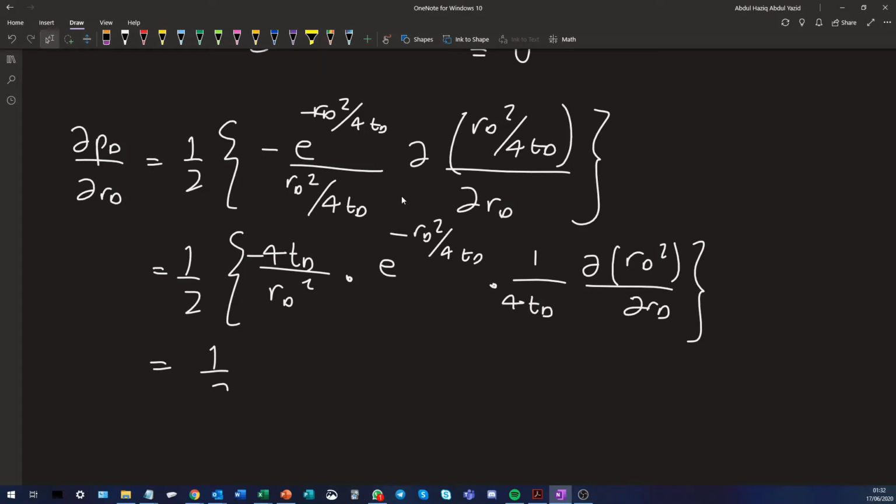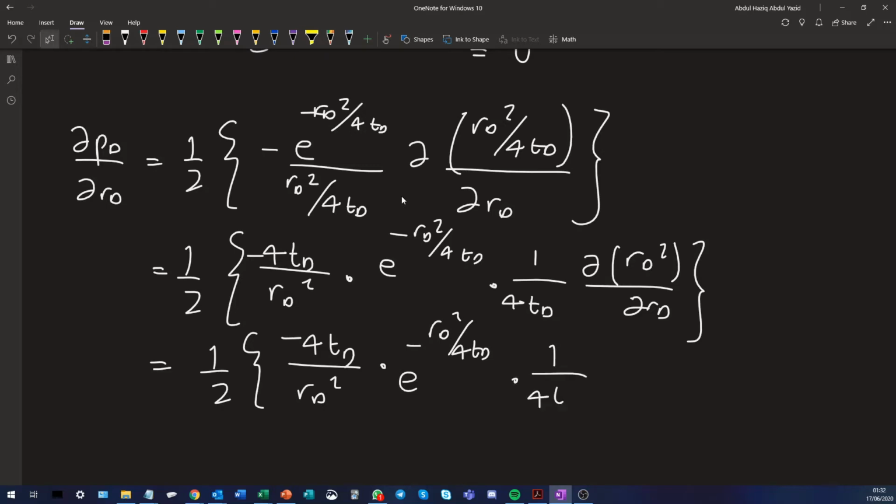So this is equal to, and let me just rewrite everything over here, 4t_D multiplied by 1 over 4t_D. So this is equal to 2r_D. So now let's look for any cancellations that we can make. There's a 4t_D over here and a 4t_D over here. There is a 2 over here, and is that a 2 over here?